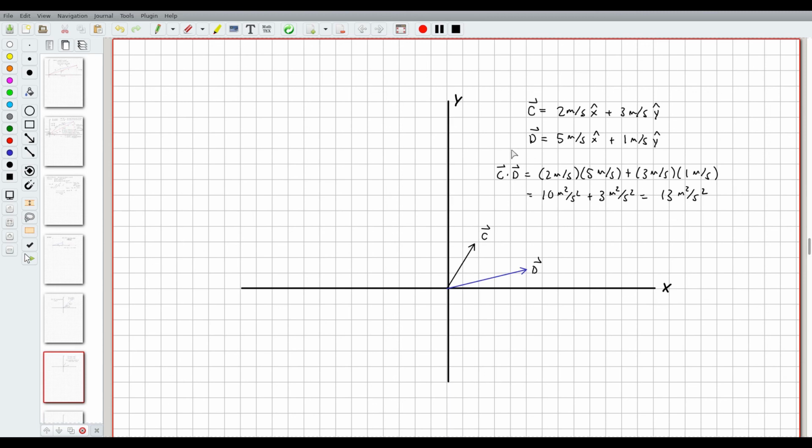So this is a fully equivalent way of doing the dot product, by looking at the components.